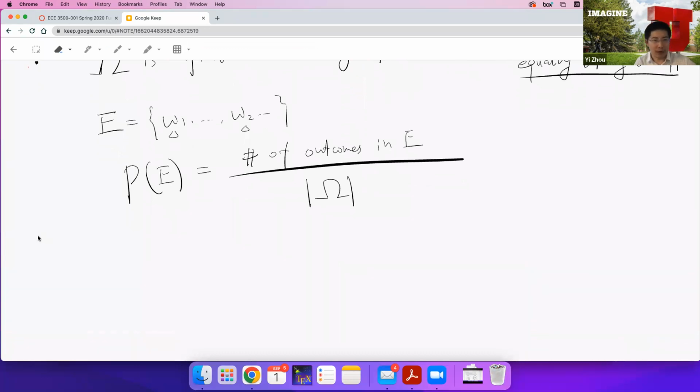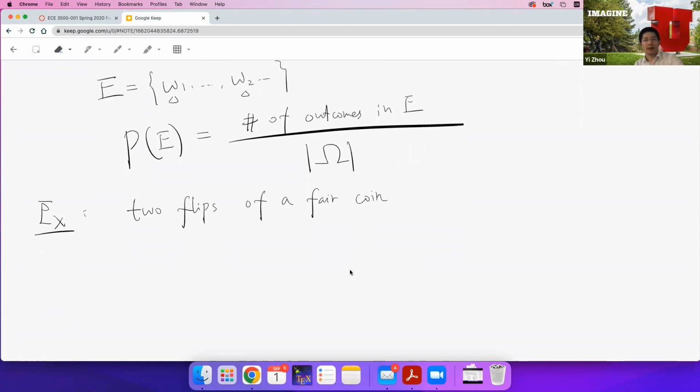For example, we have this very classic example: flip a coin 2 times. Consider 2 flips of a fair coin.